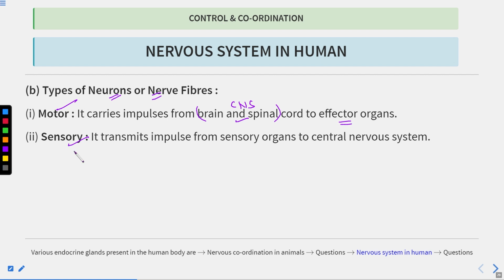Clear? Another one is the sensory neuron. It transmits impulses from the sensory organ to the central nervous system, meaning to the brain as well as the spinal cord. Clear? So the sensory neuron is also known as the afferent neuron, whereas the motor neuron is also known as efferent.